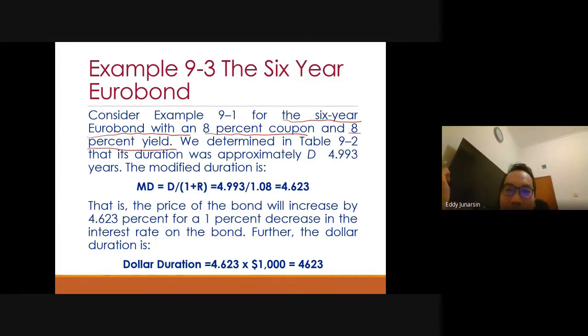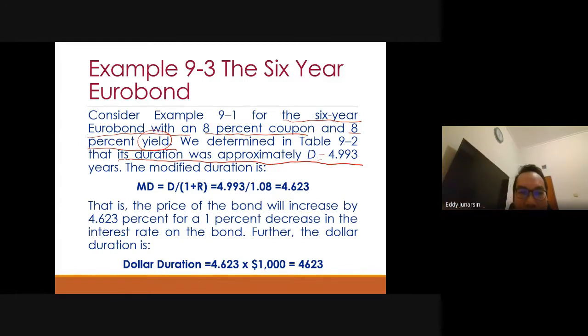The coupon rate and the market rate or yield are still the same in this example. So what is the duration? We estimated the duration before using Excel, and it was 4.99, about 5 years. So the maturity was 6 years, but duration was about 5 years.